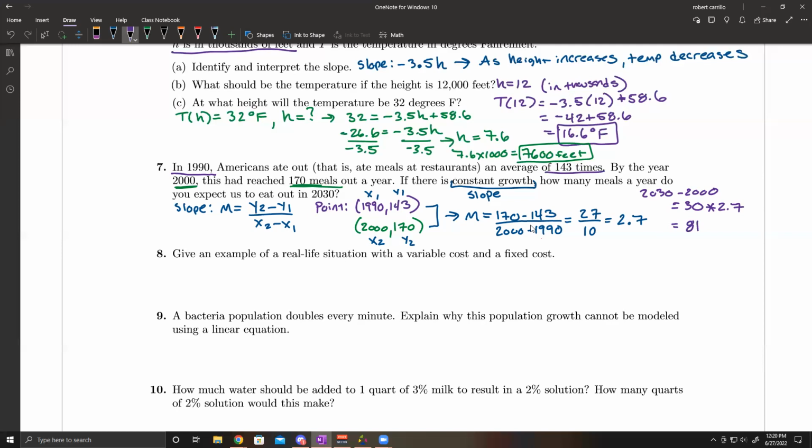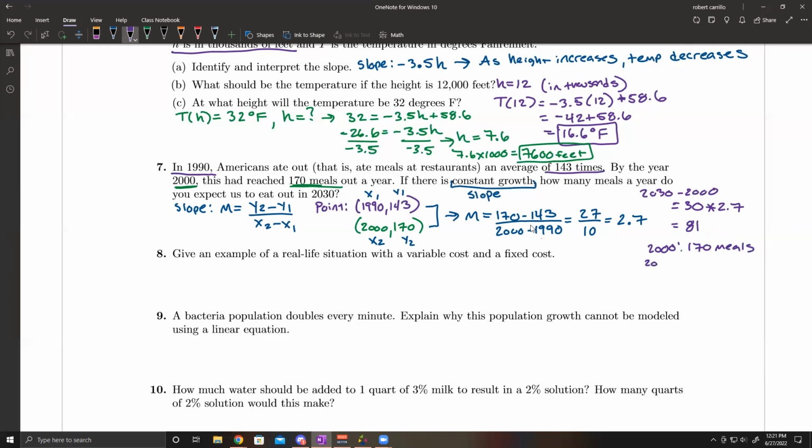So what we know now is that 81 more meals will be eaten in the year 2030. In the year 2000, there were 170 meals.